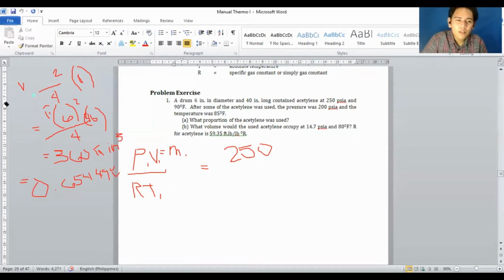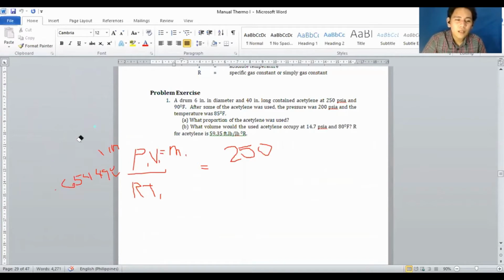So I will first erase this solution. Now let's go back to the equation here. Your 250 psi, your P1, and your volume, which is 0.6545 cubic feet.